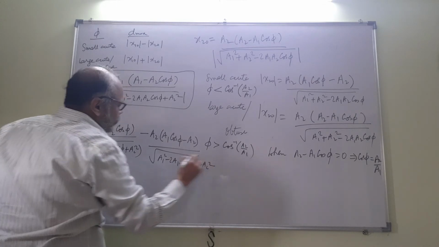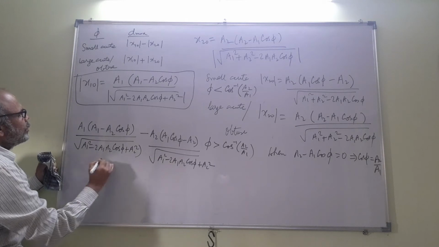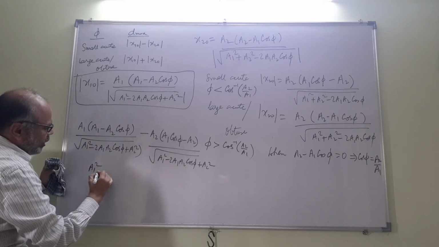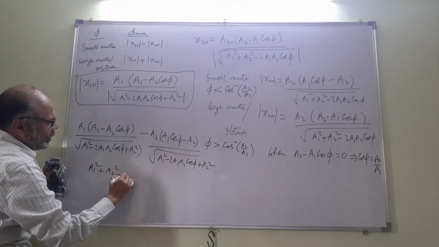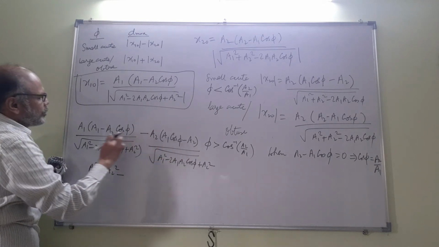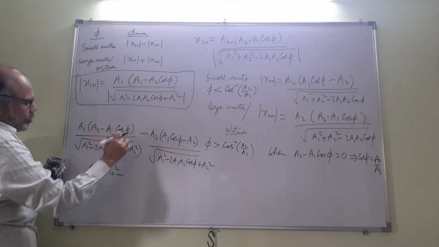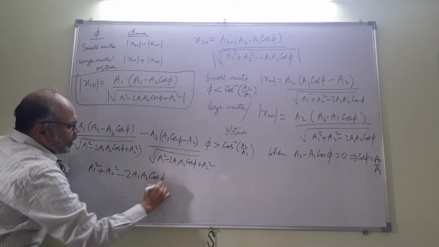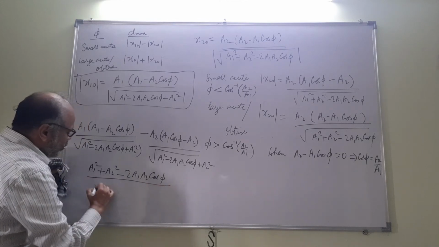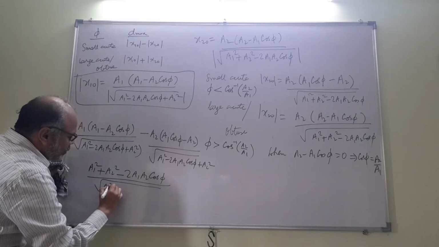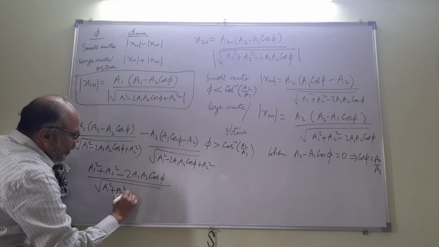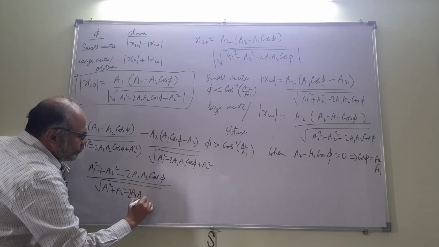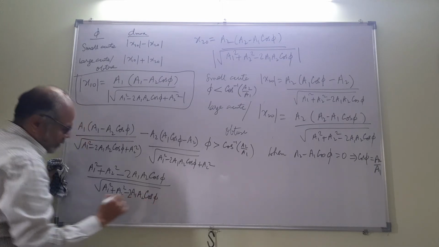So if you simplify this, in the numerator you are going to get a1 squared plus a2 squared plus a2 squared, and this will be minus a1 a2 cos phi and minus a1 a2 cos phi. So you will get minus 2a1 a2 cos phi, and the denominator is going to be root of a1 squared plus a2 squared minus 2a1 a2 cos phi.